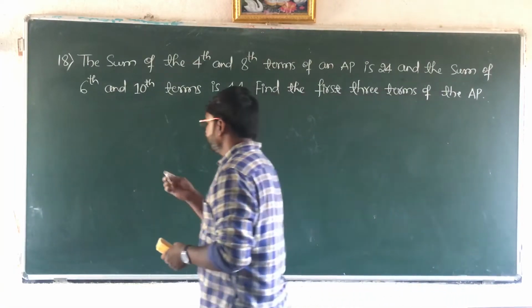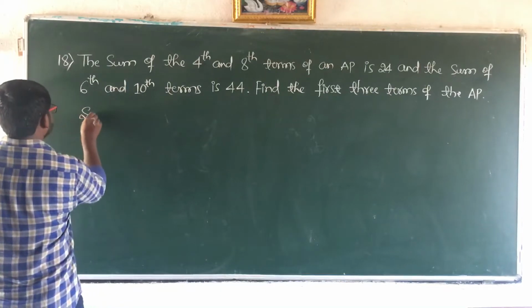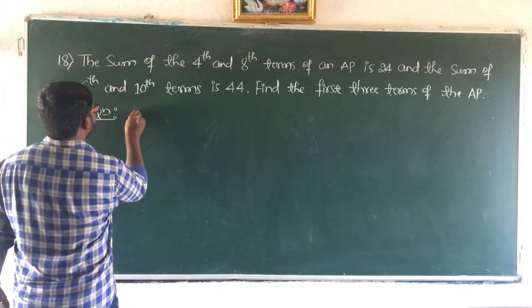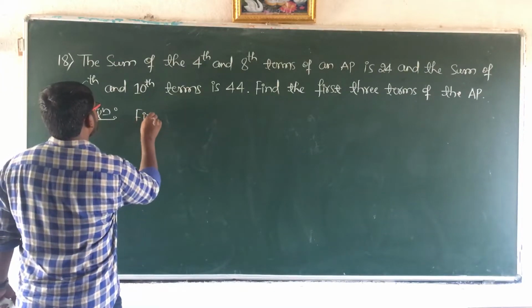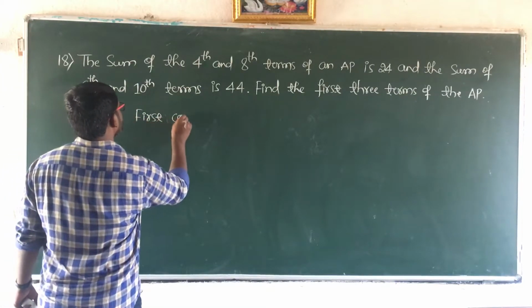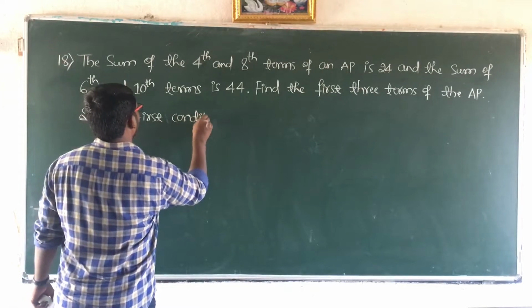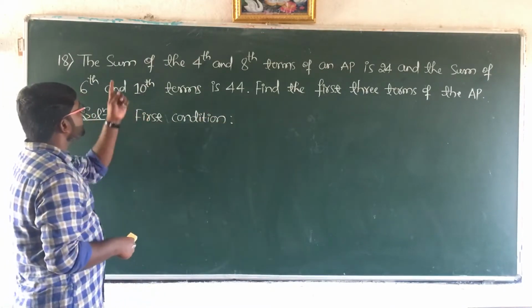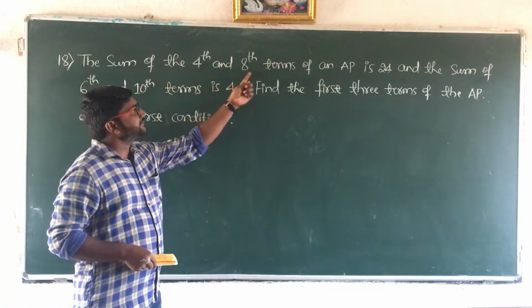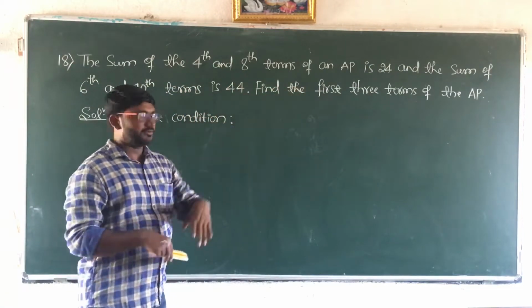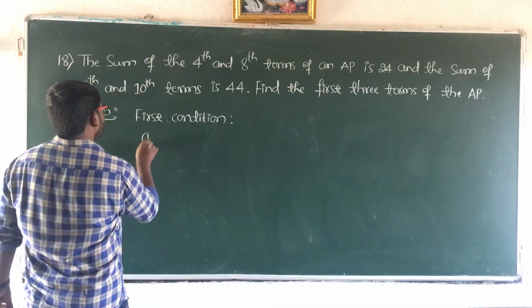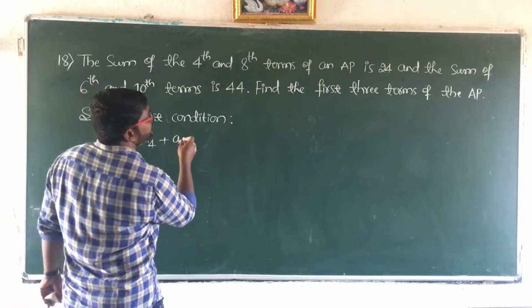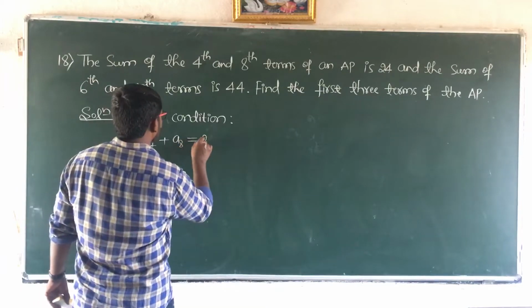First we go for the given condition. According to the first condition, the sum of the 4th and 8th terms of an AP is 24. So that means A4 plus A8 is equal to 24.